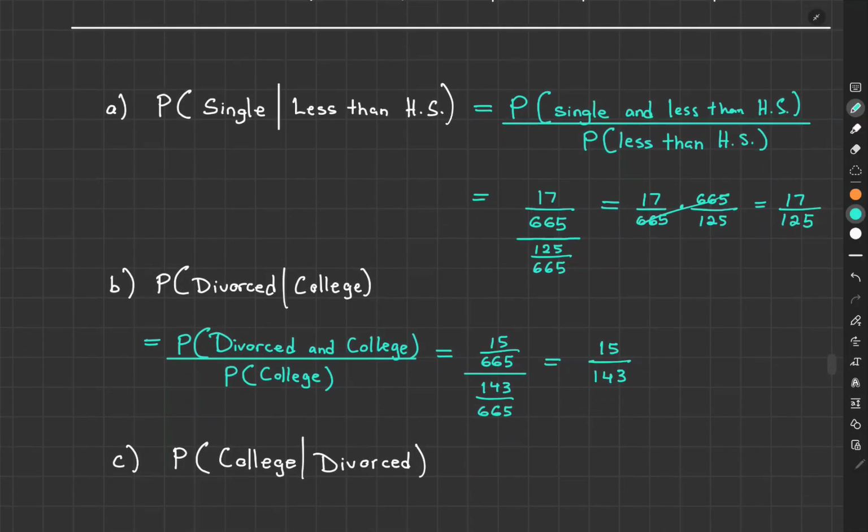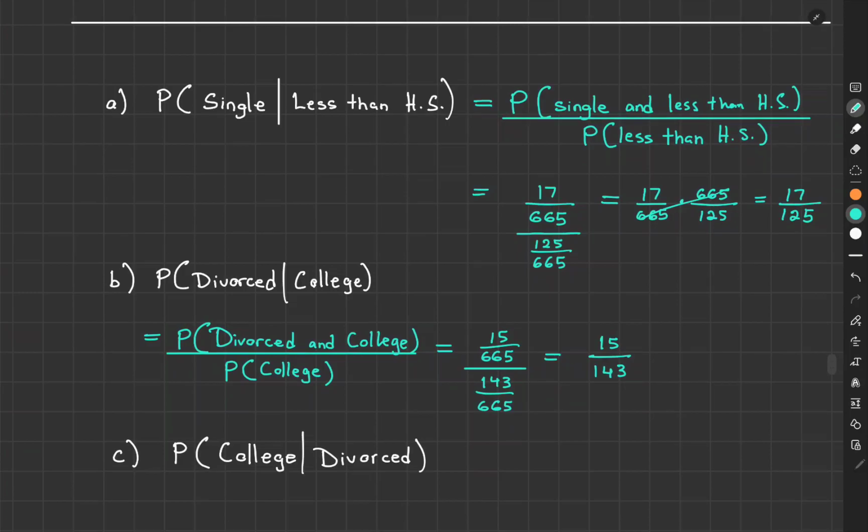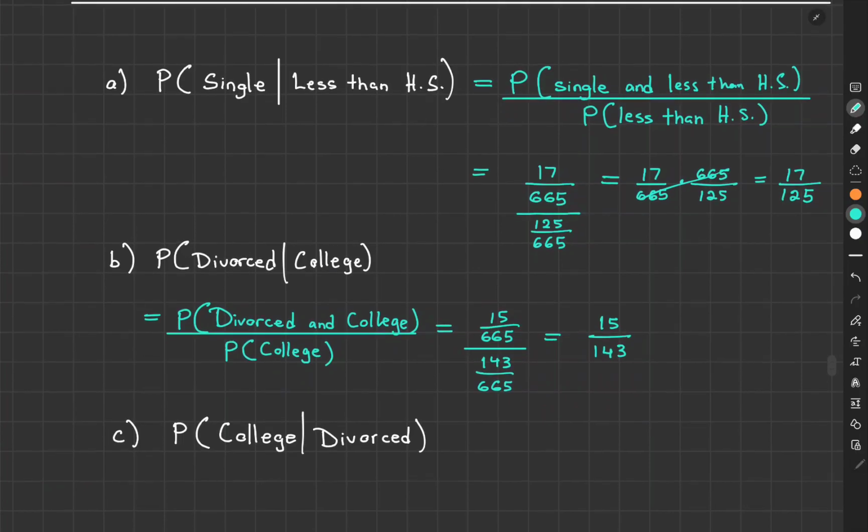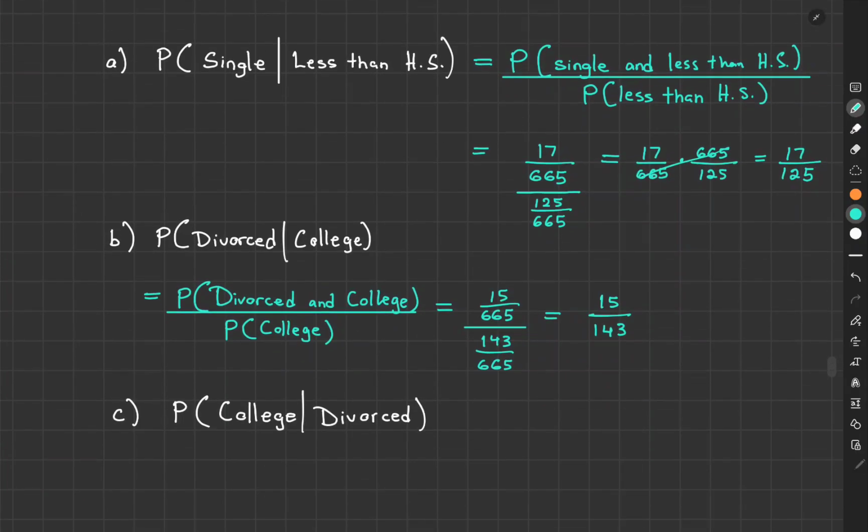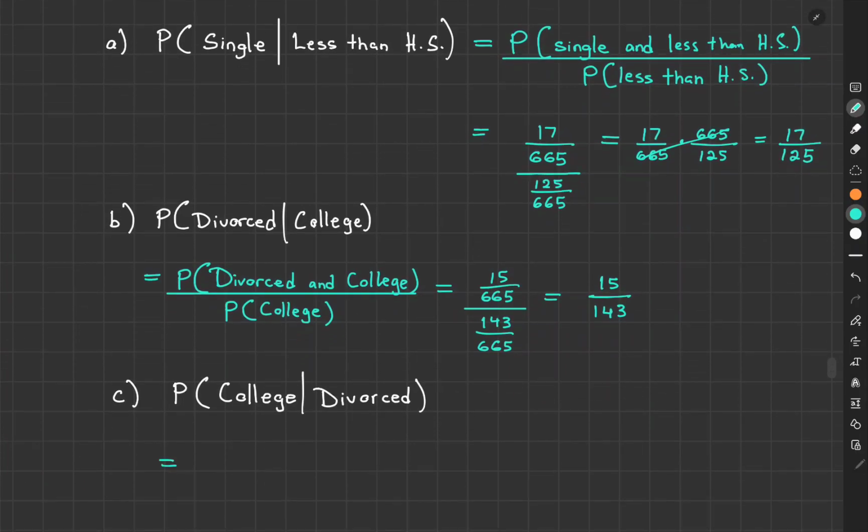Okay, and finally, now we're going to consider the reverse conditional probability. Probability that they went to college given that they're divorced. So the numerator is the same. It's still the probability that someone is divorced and went to college. But now, the prior condition is their marital status, that they are divorced, rather than their educational status.